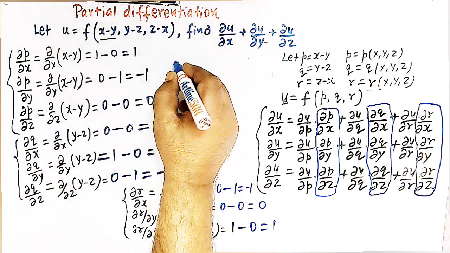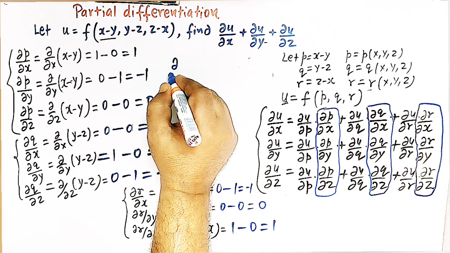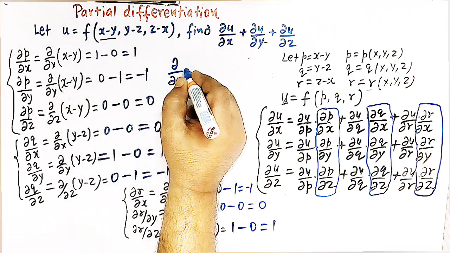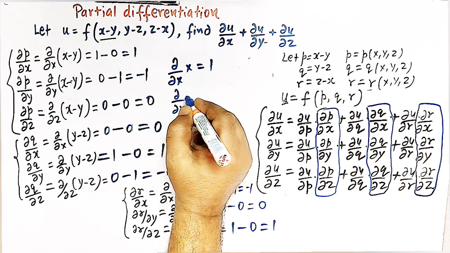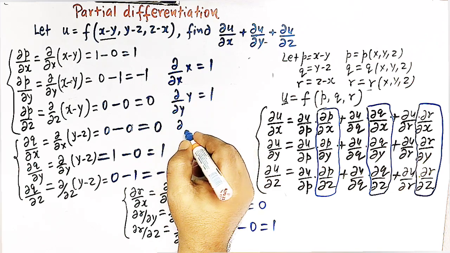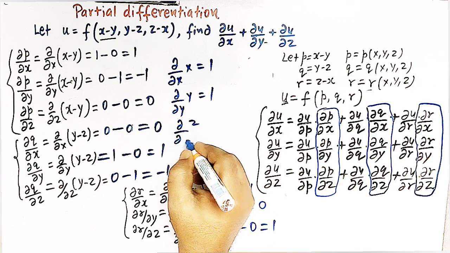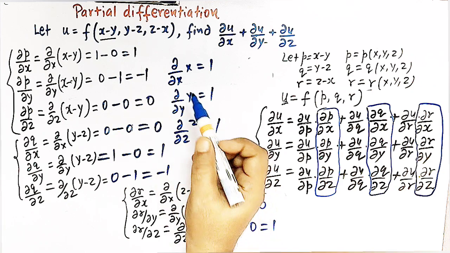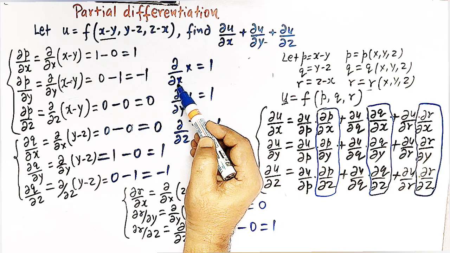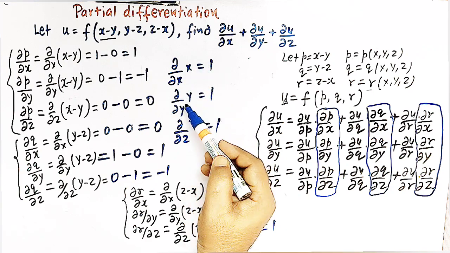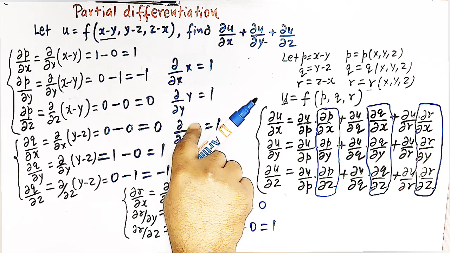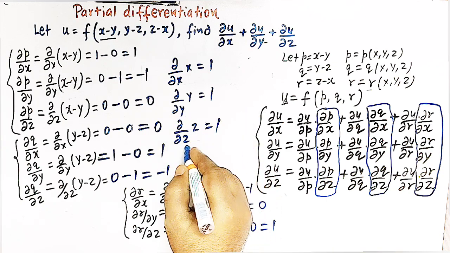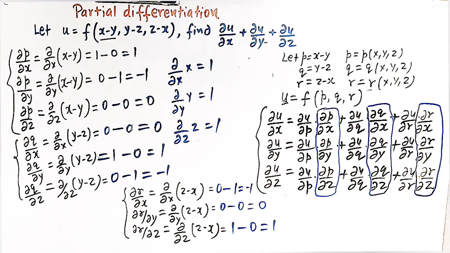So here we have used the results, that is del over del x of x is equal to 1. Similarly, del over del y of y is 1, and del z over del z is 1. That is, the partial derivative of x with respect to x is 1, partial derivative of y with respect to y is 1, and partial derivative of z with respect to z is 1, and all other derivatives are 0, right?